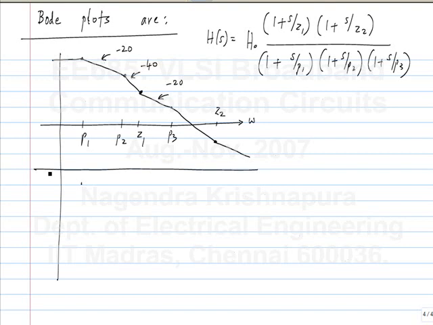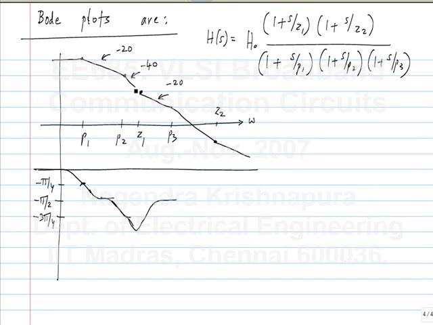So, roughly speaking, you also can draw the phase response. So, this is minus pi by 4 and so on. Okay. Now, because of the 0, you have a phase lead. So, it will tend to go back and then come back to this one.